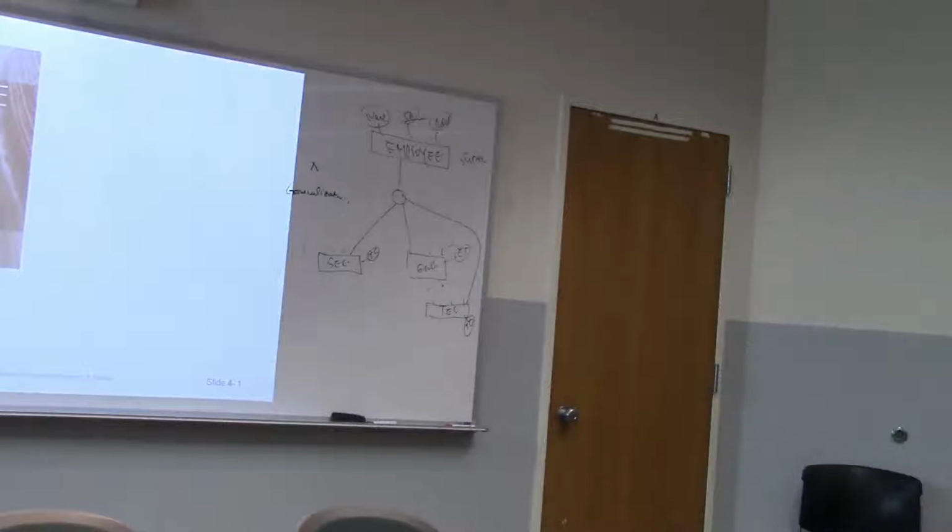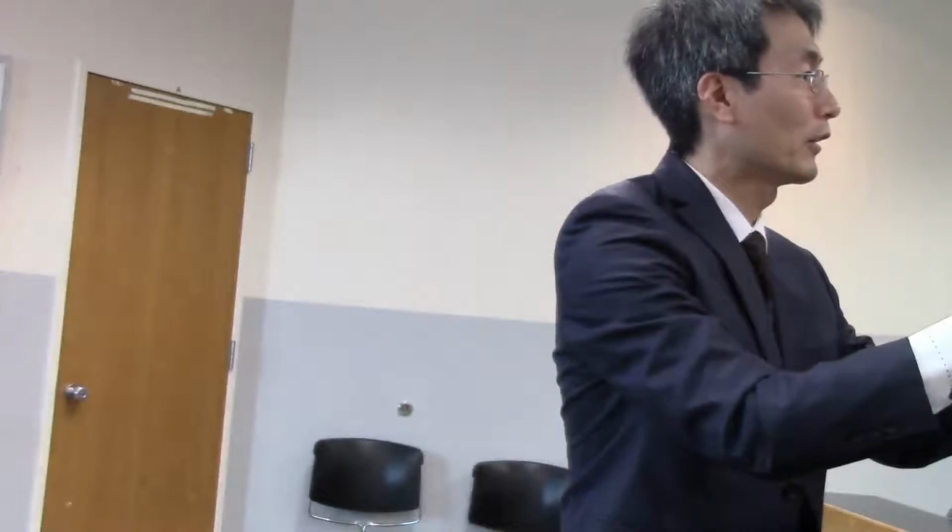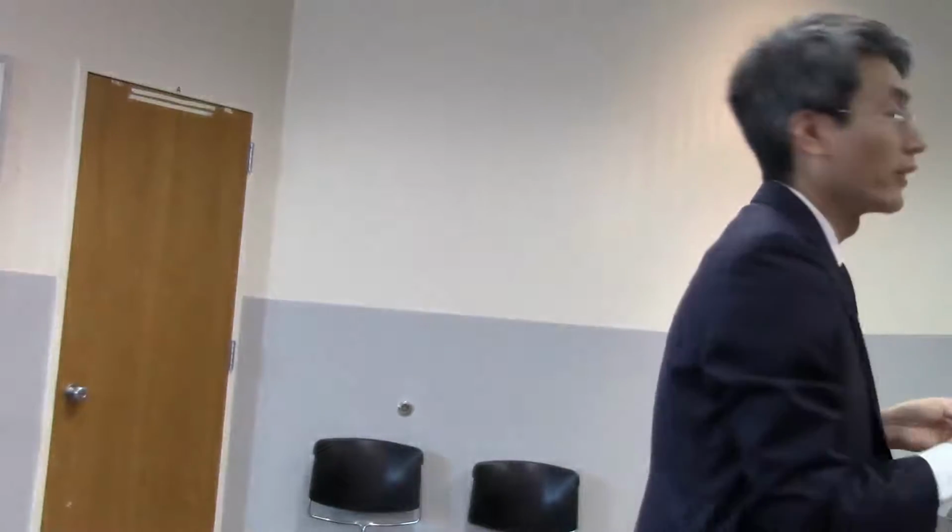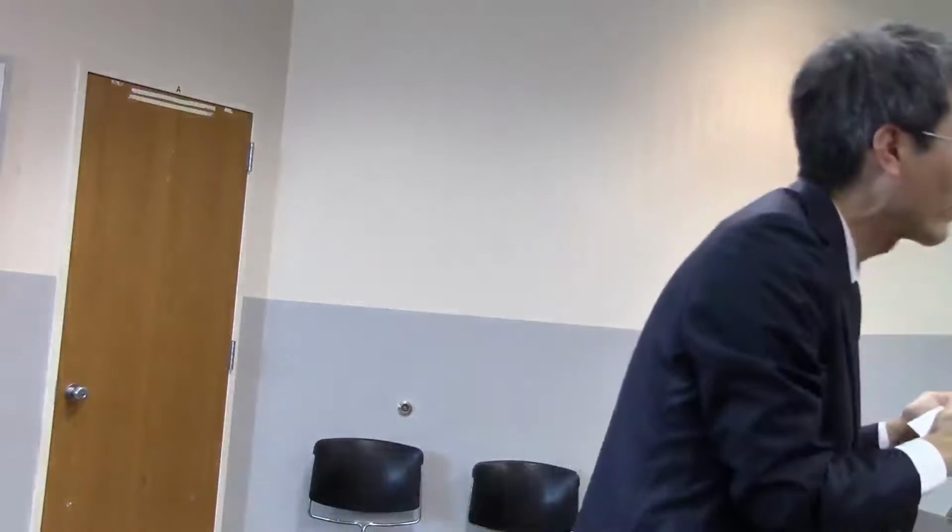Your customer gave you just one file for the employee information. Then you are going to design a model for that employee information. Then you realize that name, ID, and address are the common attributes.